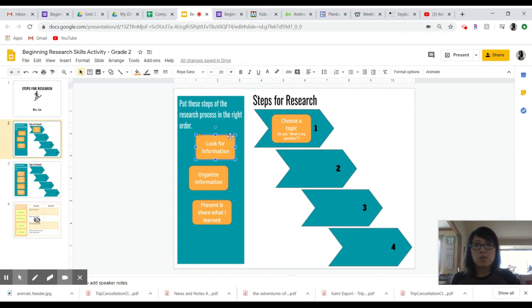Now, you can look for information in a variety of places. Sometimes it could just be as simple as asking a parent or asking an expert that you know that maybe knows a lot about a particular topic. Okay.